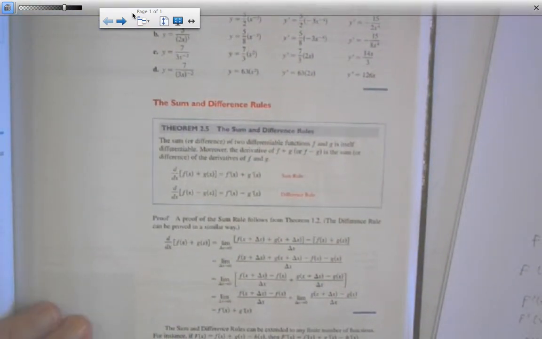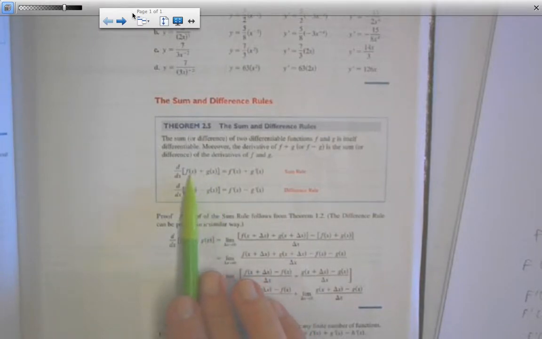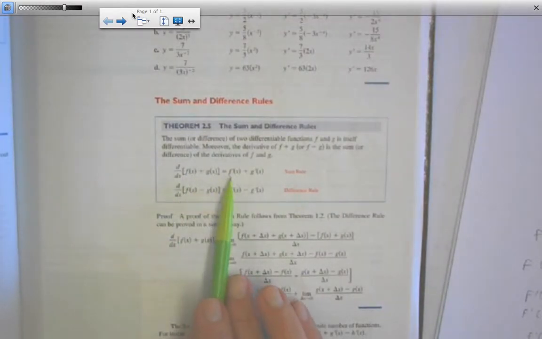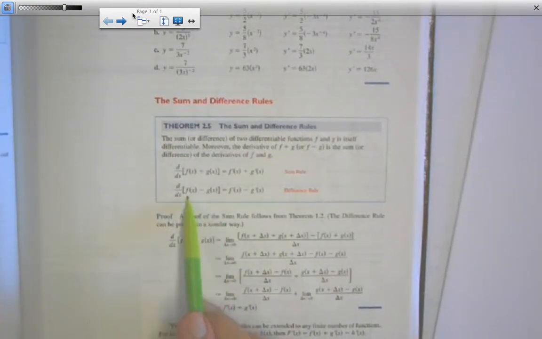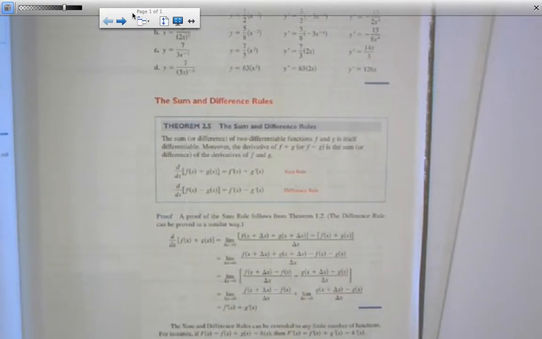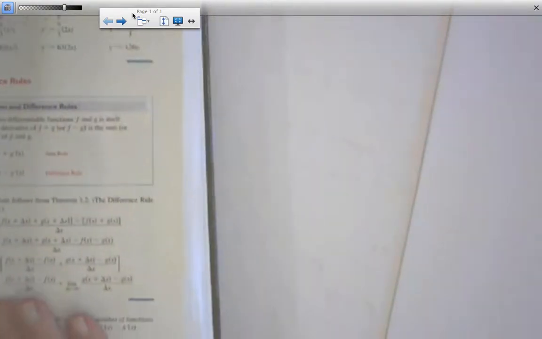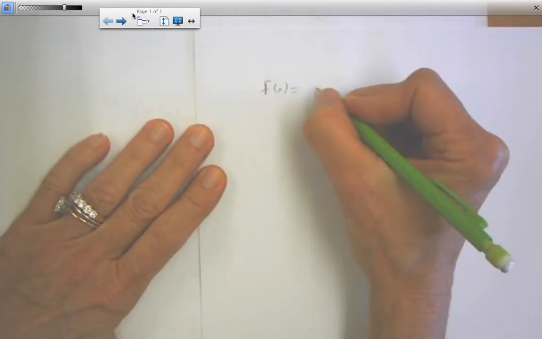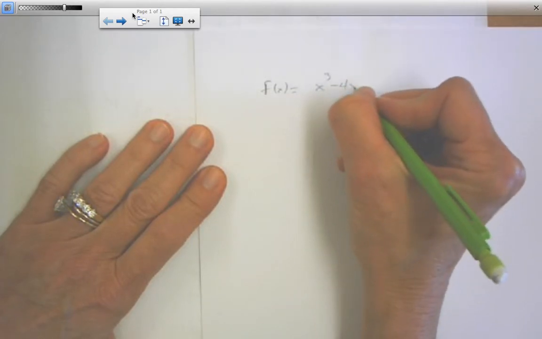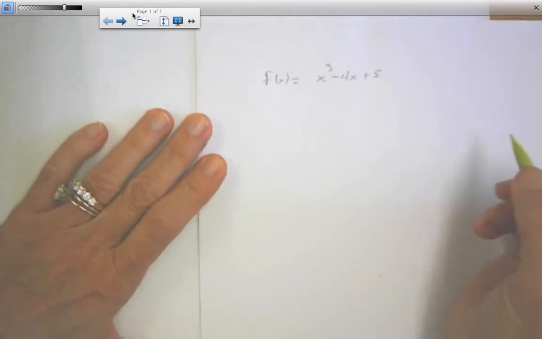Then, if you have the sum and difference of two functions, you can just take the derivative of each function. If you have the difference of two polynomials or monomials, you can just take the derivative of each of those functions too. So, for example, if they're all put together, let's try one. f of x equals x cubed minus 4x plus 5.